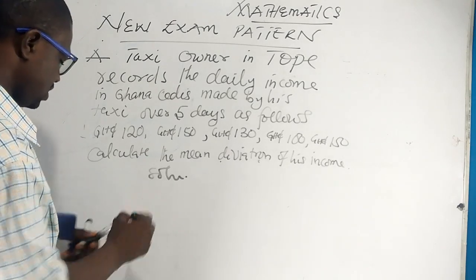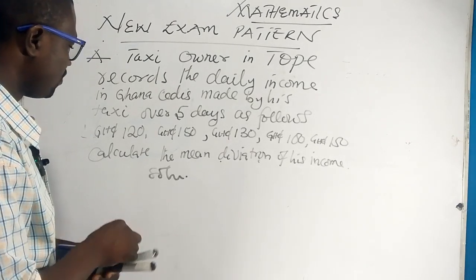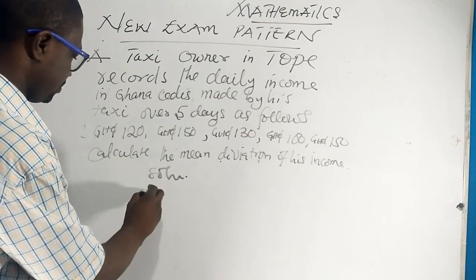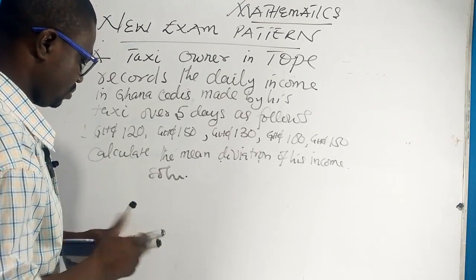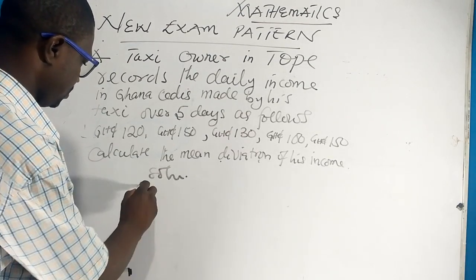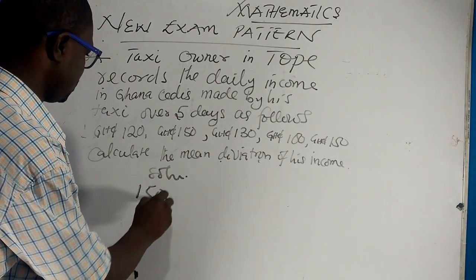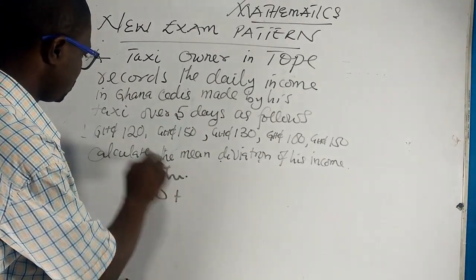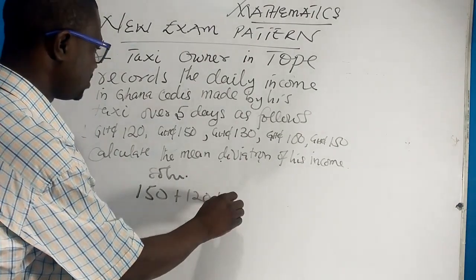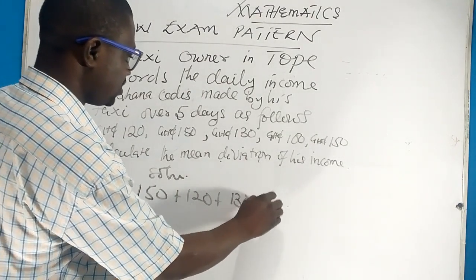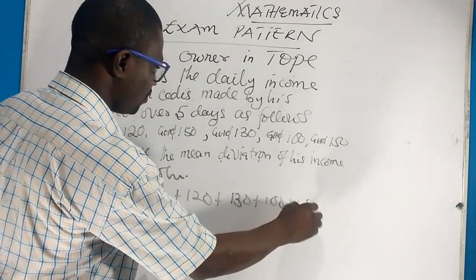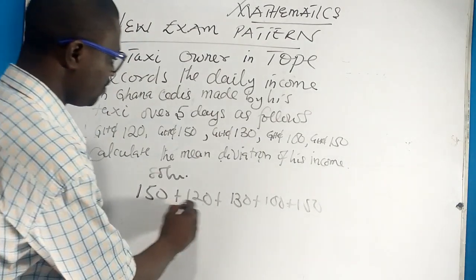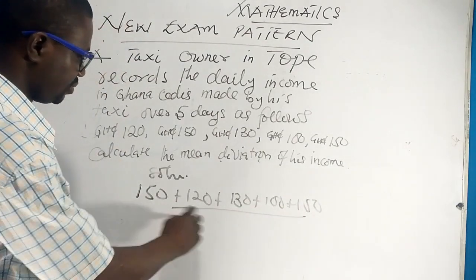So let's do that. 150 plus 120 plus 130 plus 100 plus another 150, all divided by the number.